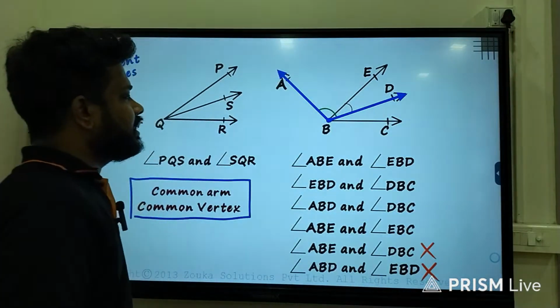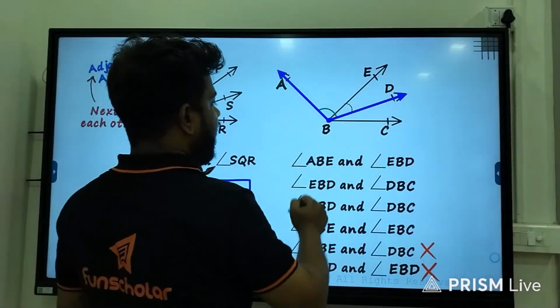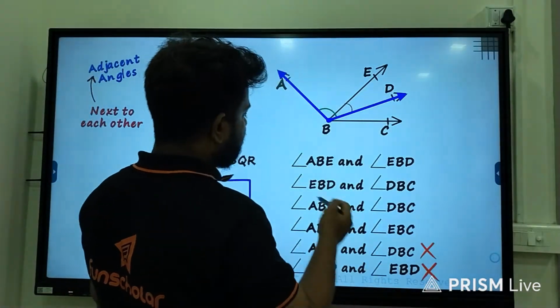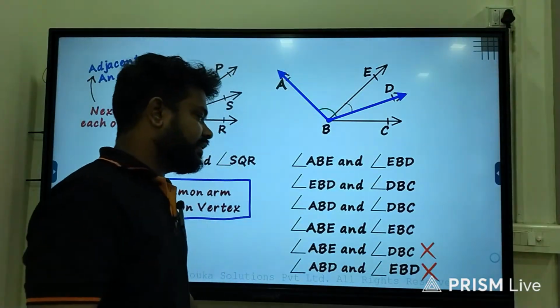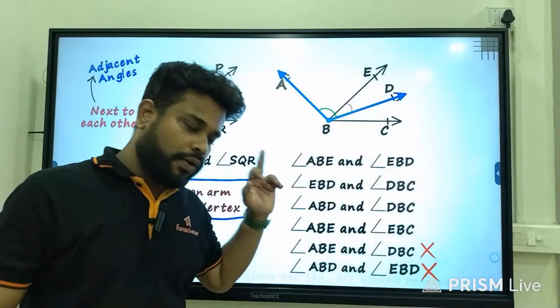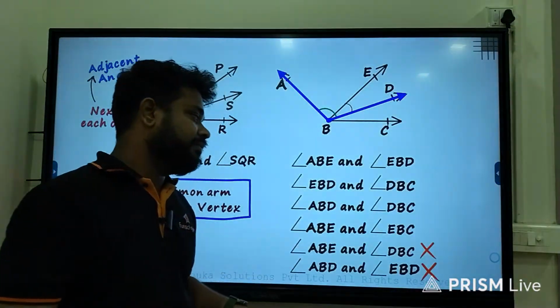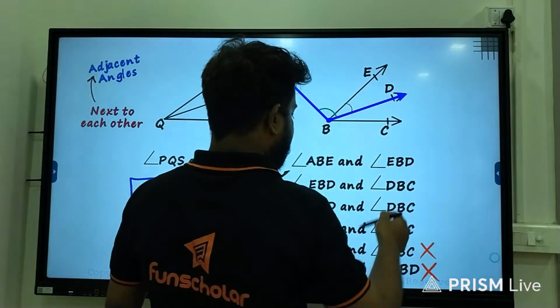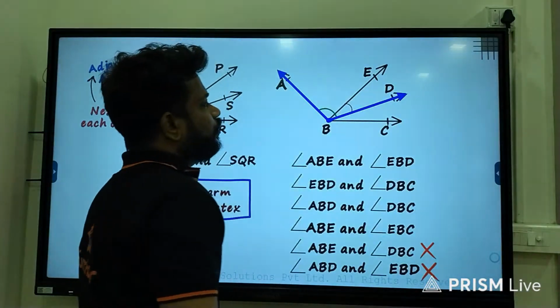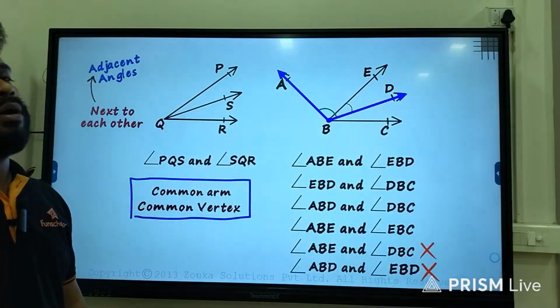For these cases, ABE and EBD will be adjacent. EBD and EBC are adjacent. ABD and DBC are also adjacent, and ABE and EBC are also adjacent, but ABE and DBC are not adjacent because ABE and DBC don't have any arm in common.